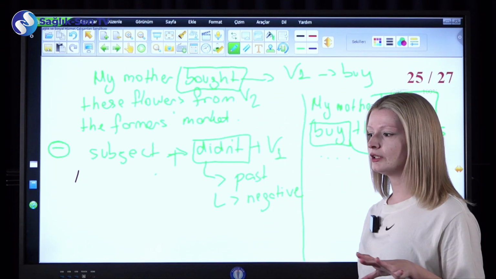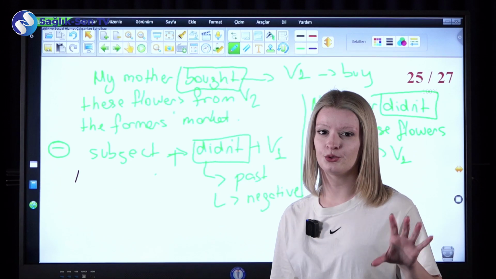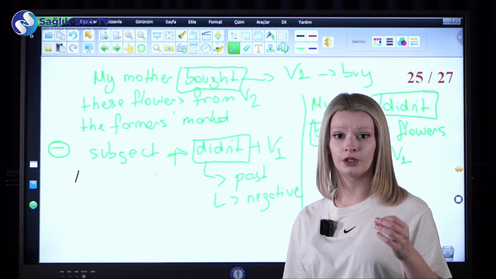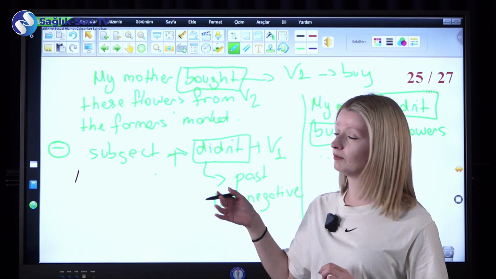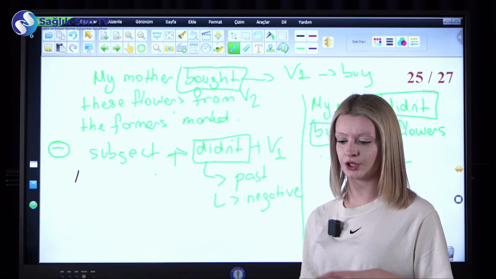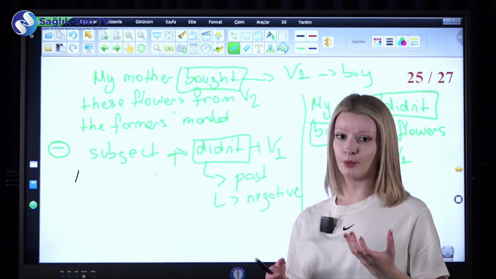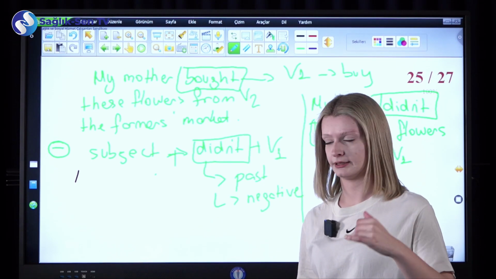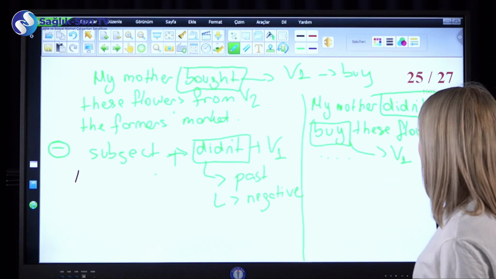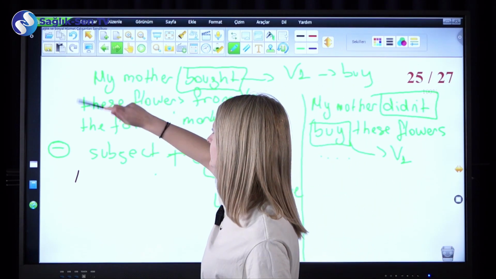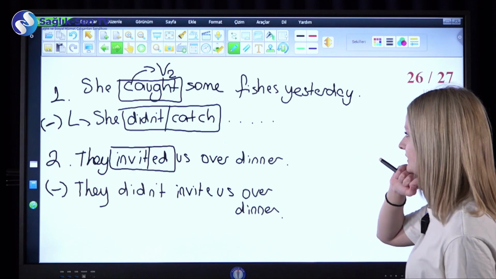Now, actually, the only place we use verb 2 form is our affirmative, positive sentences. Because in the rest of them, negative ones or the question ones, we use verb 1 with didn't or did. My mother didn't buy these flowers from the farmer's market.